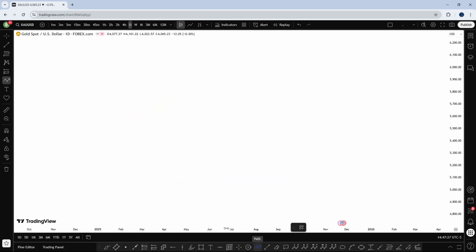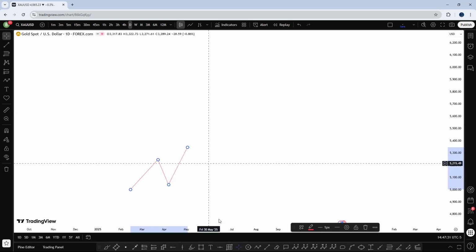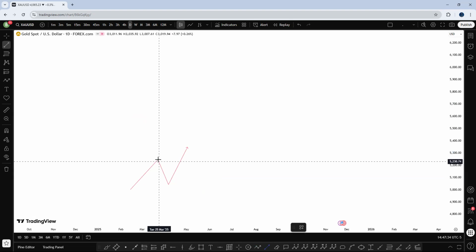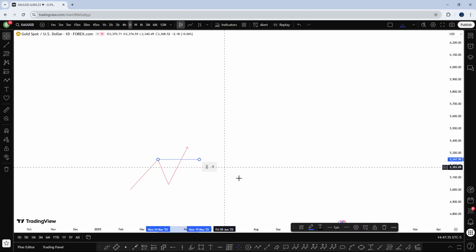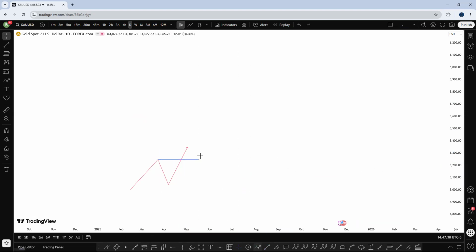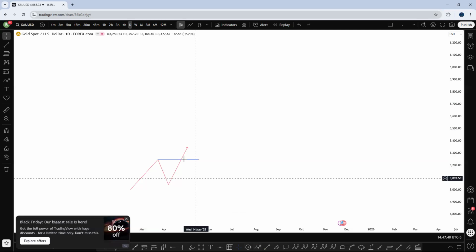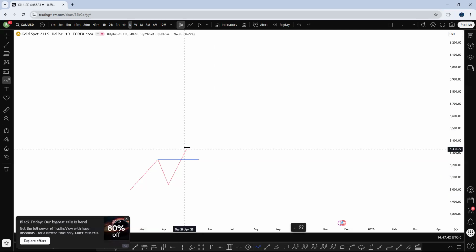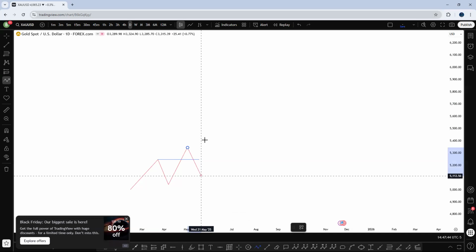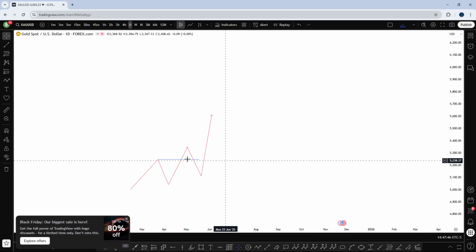You are analyzing your chart. You are seeing a breakout structure. You've got your breakout structure, and then you're waiting for price to come back to buy. Then the price does what?